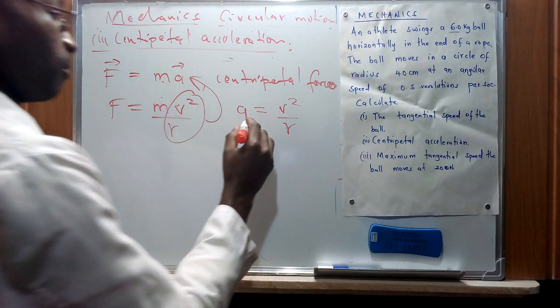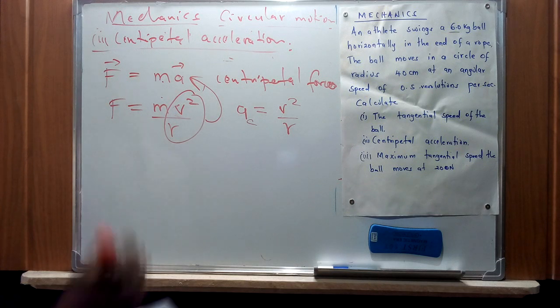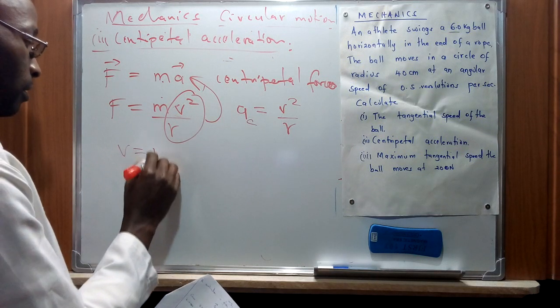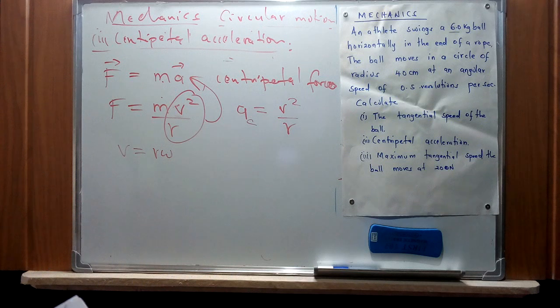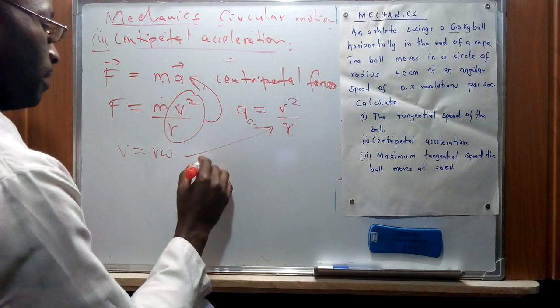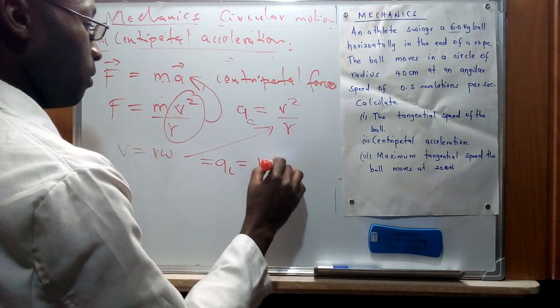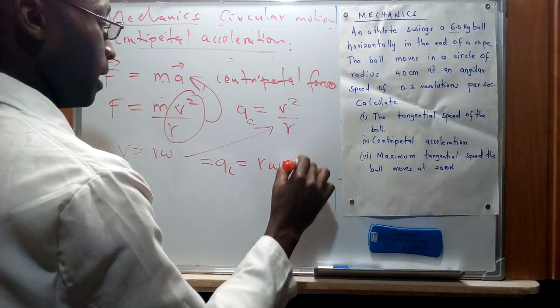Now for this case of an object that is moving in a circular direction, I said we denote a_c as the centripetal acceleration. Now having said that v equals r omega, therefore we can do a substitution for this formula since we have v squared, and say centripetal acceleration equals r omega squared.